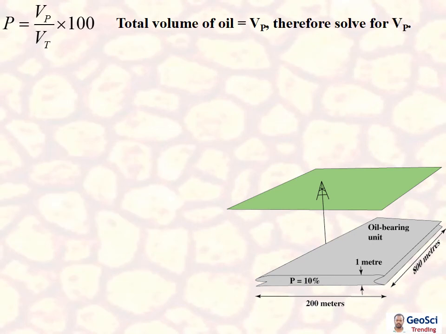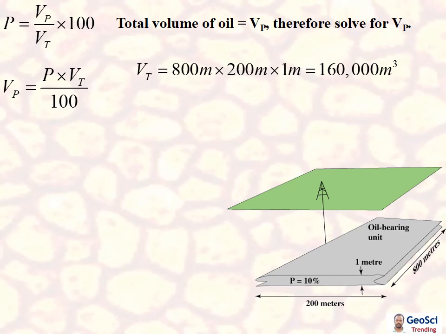So now we come to porosity: P equals Vp by Vt into 100. Vp equals P into Vt by 100. Vt equals 800 meter into 200 meter into 1 meter, equals 1,60,000 cubic meter.